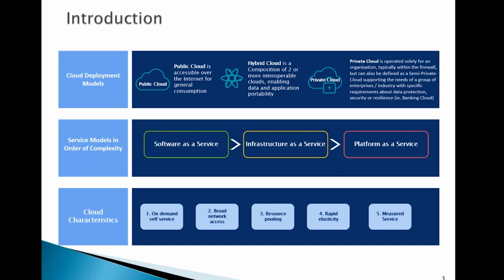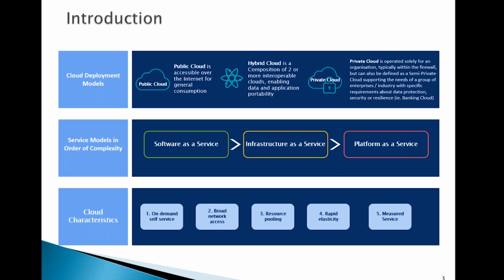Examples of these would be something like Dropbox or Salesforce. All of these are software as a service, where we don't really have that much control of the application. Maybe we might have configuration on the application front end, but that's about it.